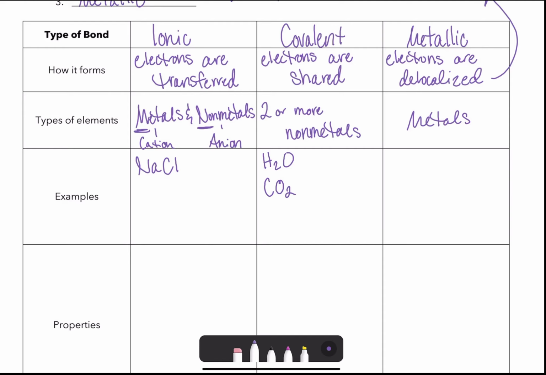Another one, let's say you had some sugar today, C6H12O6, that would be a covalent bond as well. Other examples of ionic bonds could be potassium iodide, calcium oxide, or lithium nitride. There's lots of examples there. And for metallic bonds, we're just looking at things that are metals like copper or chromium.